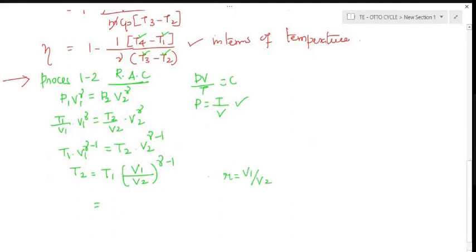Since r equals V1 by V2, we can substitute T2 equal to T1 into r power gamma minus 1. We will consider this as equation number 2, and the earlier one you can consider as 1.